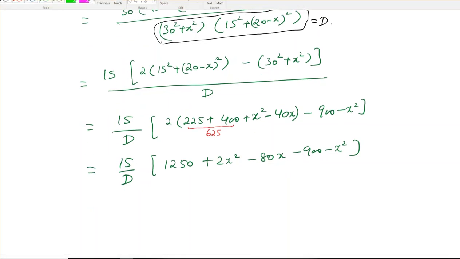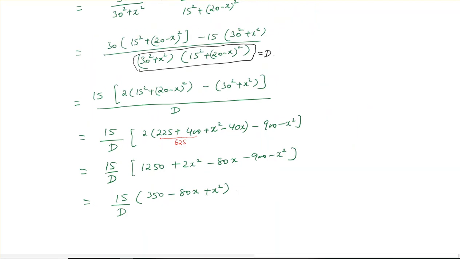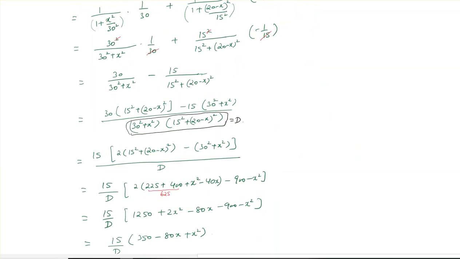Combining the like terms, 1250 minus 900 gives us 350, minus 80x, and plus 2x squared minus x squared gives us plus x squared. So this is our d theta over dx, and the denominator D is this whole expression.